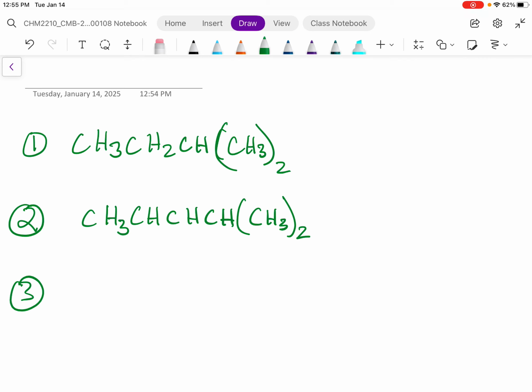In question 3, oftentimes students will only learn the concept in one direction and not in the reverse direction. What do I mean by that? I want you to take this problem, okay, right here. Take that problem, that zigzag, and convert it into a condensed formula.